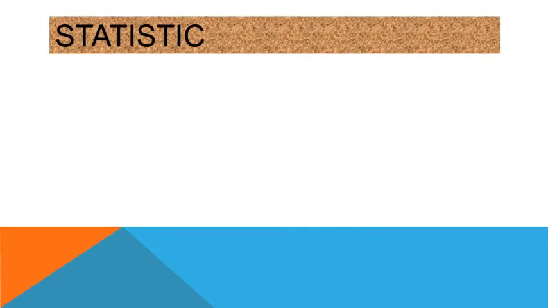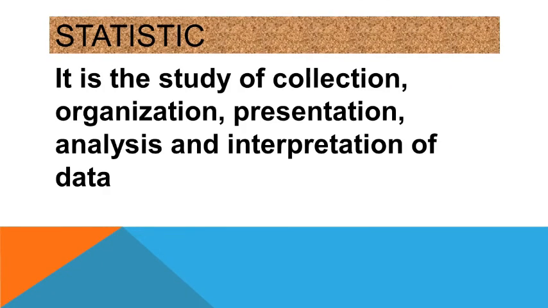Next comes statistics. It is the study of collection, organization, presentation, analysis and interpretation of data. What are these heavy words written over here? Let's see one by one. What do we mean by collection?